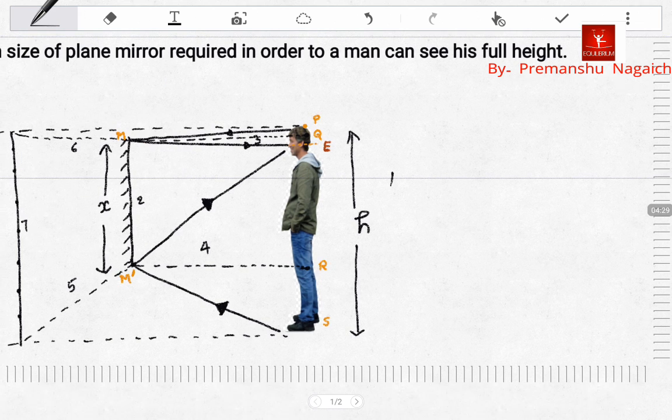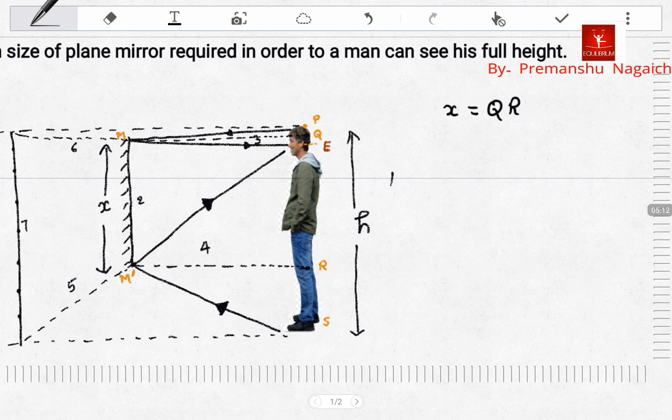The value of x would be equal to QR. We can see here x would be equal to QR. The size of the mirror is replicated here, so x is equal to QR. Now all we need to do is find out the value of QR.